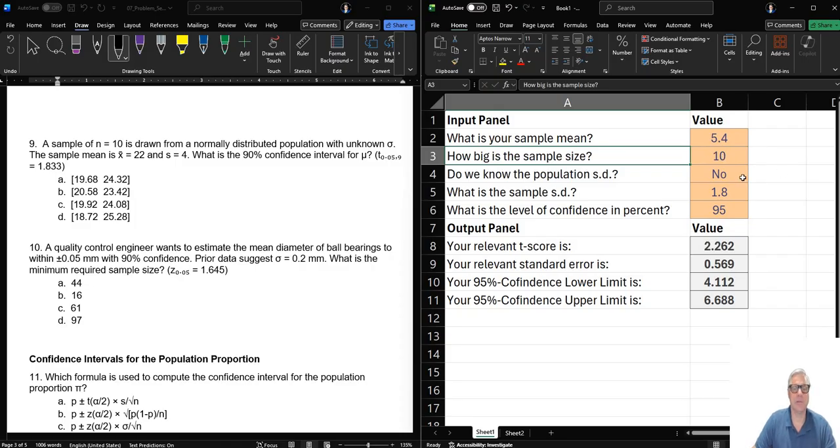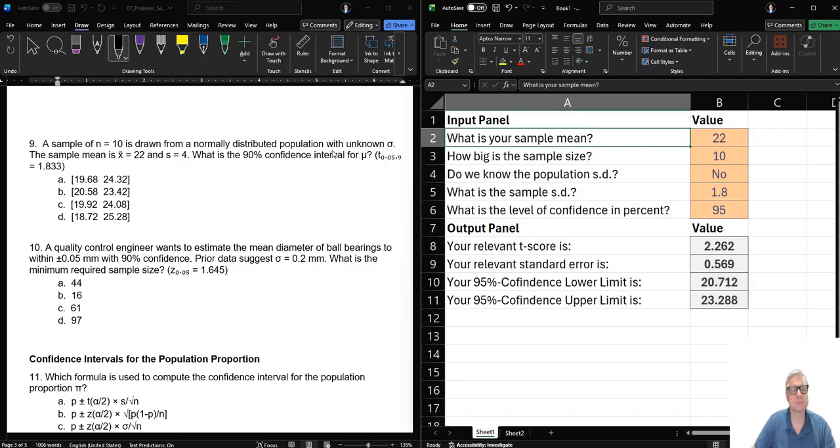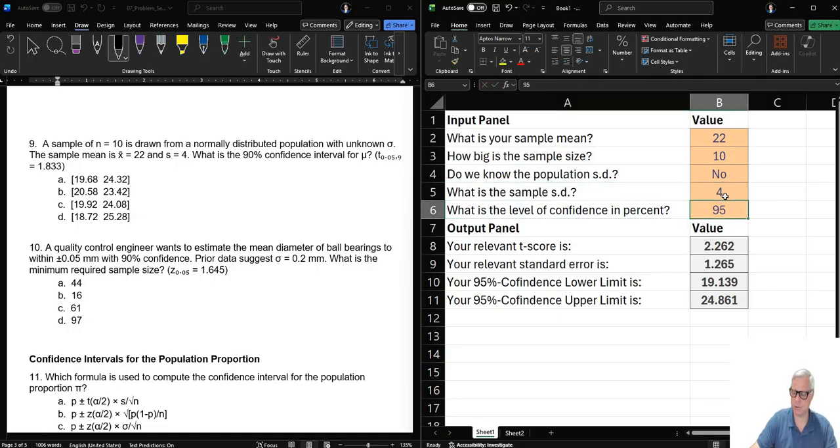And with unknown population standard deviation, so that stays a no. The mean is 22, so let's enter that, 22. And the sample standard deviation is 4. And we would like to know the 90% confidence interval, so let's enter 90.